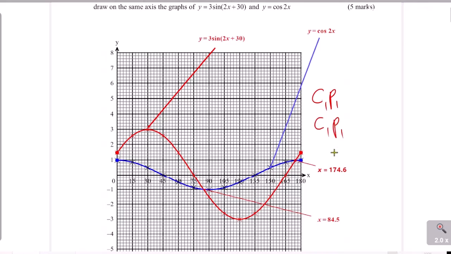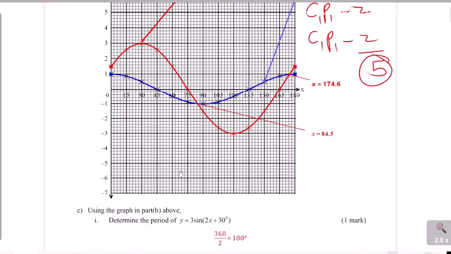Then plotting again, you get a mark. And then overall, using the scale that is given, you get 1 mark. So you can see these are 2 marks, these are 2 marks, this is 1 mark. That is how you get the 5 marks. After doing that, we can proceed to the other question.